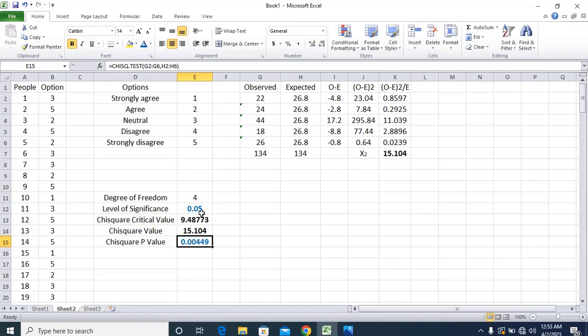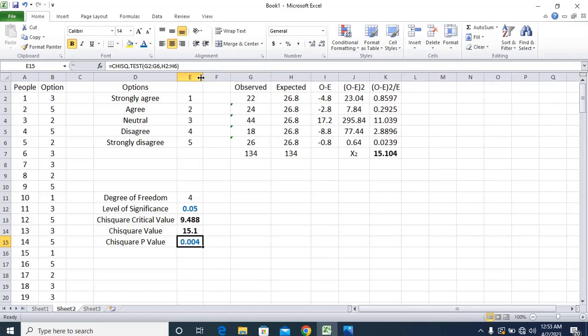We have put the level of significance at 0.05, that is almost 5%, and this is 0.5%. If we round this data, this is 0.04. So this is very much less than this one. So this means that the null hypothesis is rejected and the alternative hypothesis is accepted.